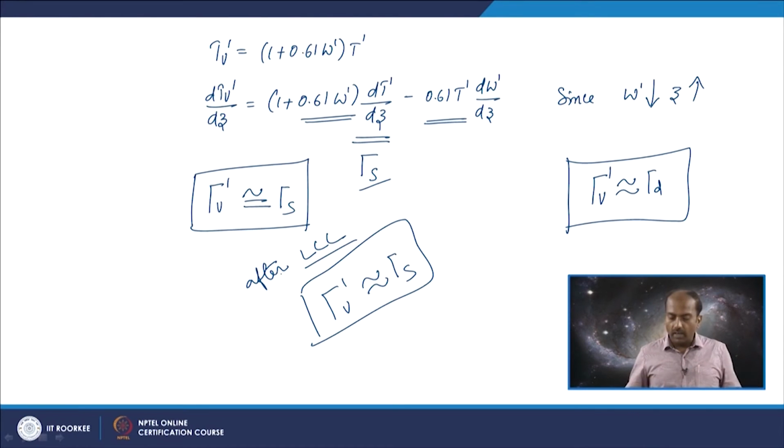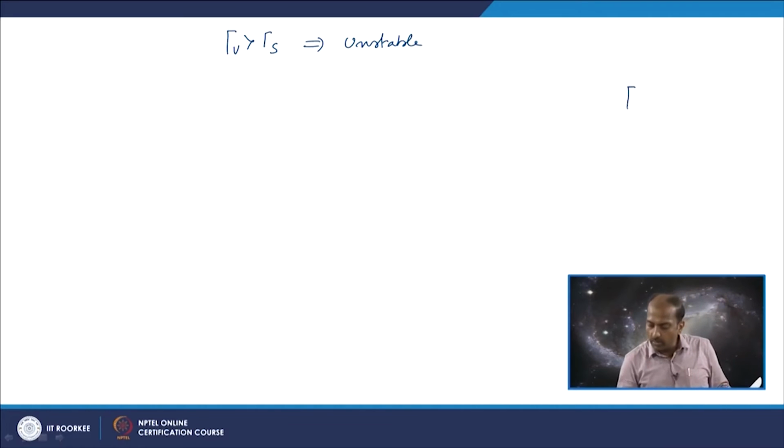Now we can write again the stability conditions in terms of the lapse rate of the environment in terms of saturated, right. So, if gamma V is greater than gamma S, we have an unstable situation. This is still coming from gamma V prime greater than gamma V, right.